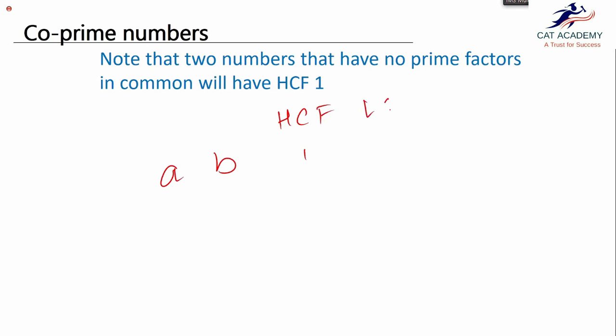So can you tell me what would be their LCM? A and B are such two co-prime numbers, then product, yes. Because A into B should be equal to HCF into LCM. HCF is 1, so the product should be equal to LCM.